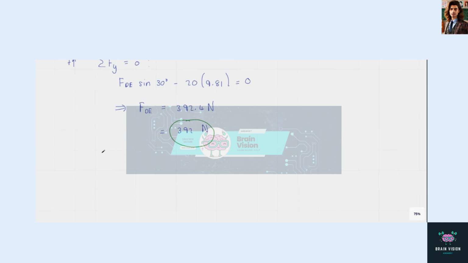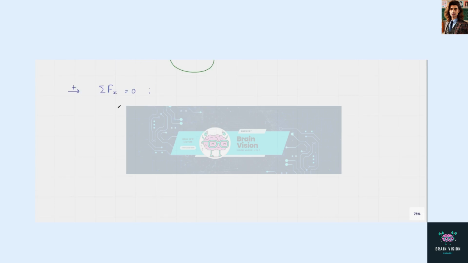Next, we'll take the right direction to be positive and take the x components of all the forces and sum them together. The sum should be 0 again. Again, there's no net motion in the horizontal direction. So this is 392.4 times the cosine of 30 degrees minus FCD.